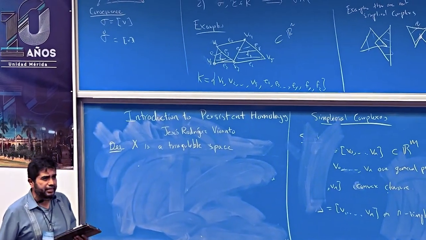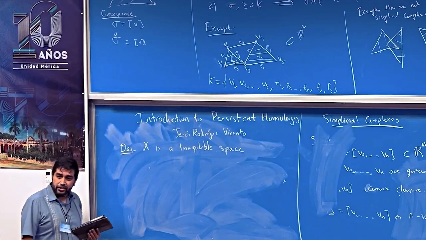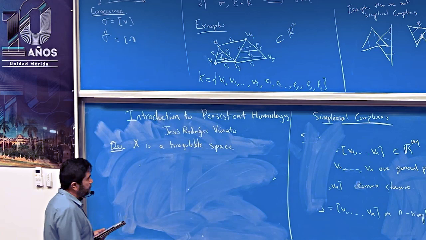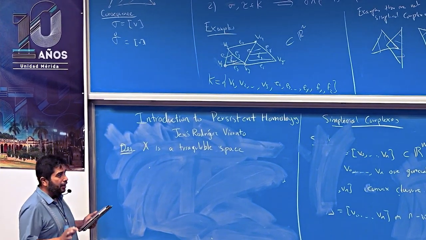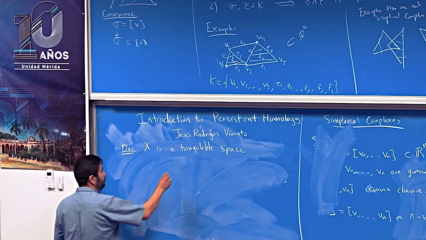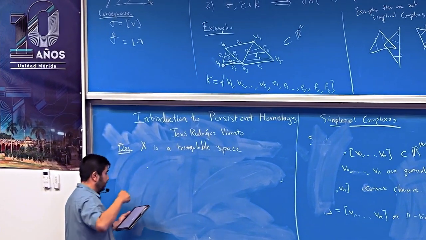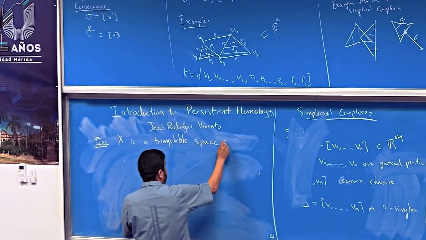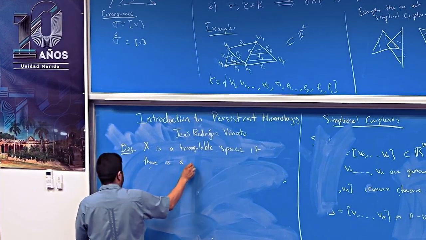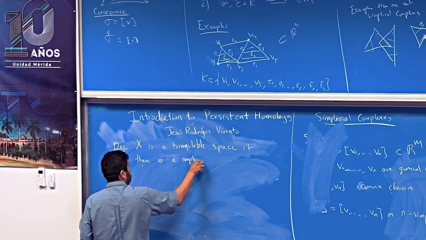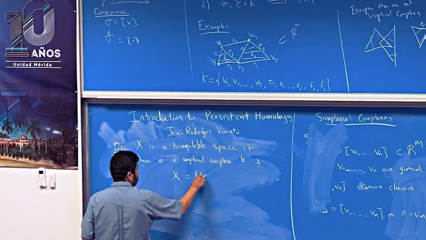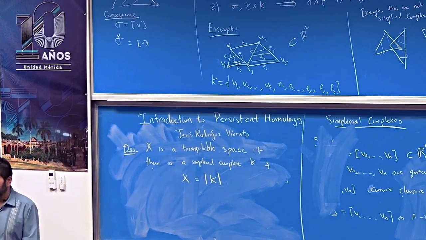Probably that's not the way that people usually say it in English; maybe it admits a triangulation, or it has a triangulation. But in Spanish, we usually say triangulable, and that's why I wrote it like this. But that's also an English word. X is a triangulable space if there is a simplicial complex K such that X is equal to the geometric realization of K.